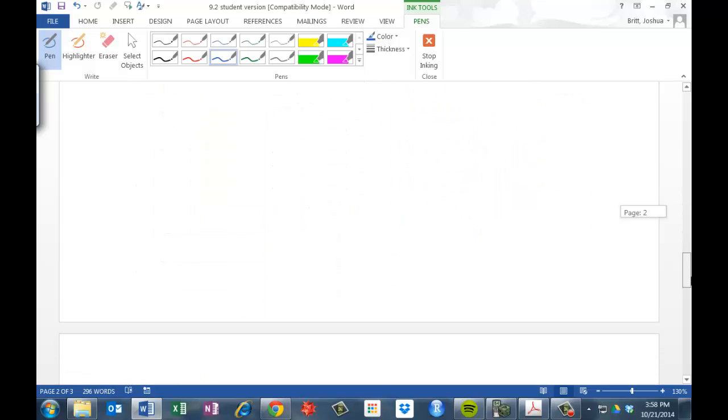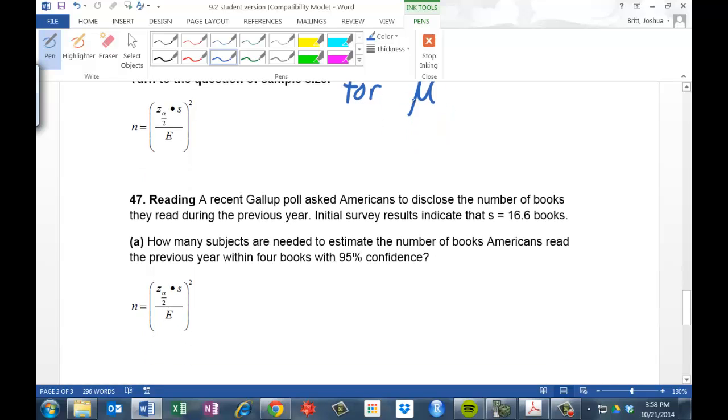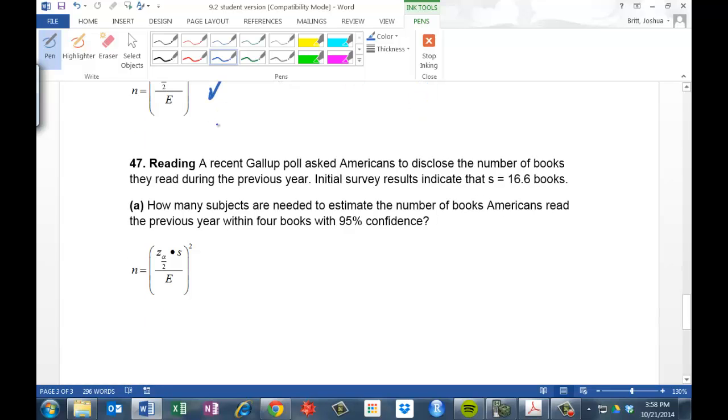Now we'll turn to the question of sample size for the mean. Again, basically here we just have one formula. A recent Gallup poll asked Americans to disclose the number of books they read during the previous year.